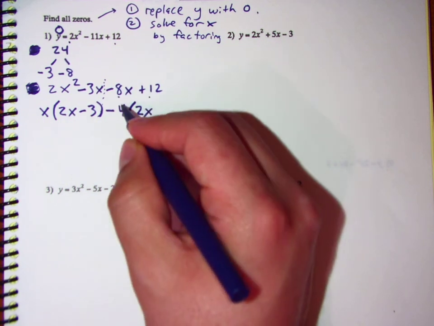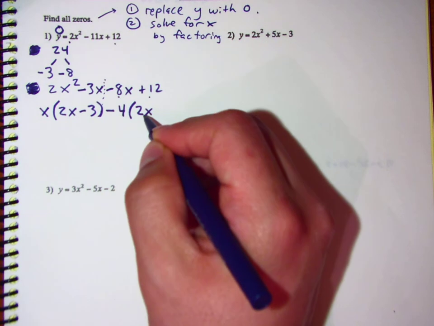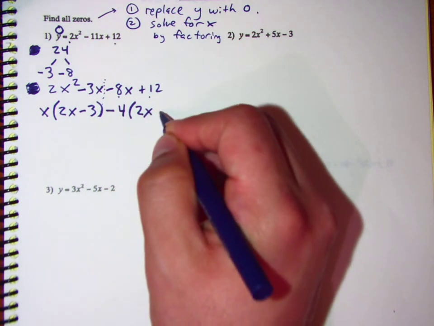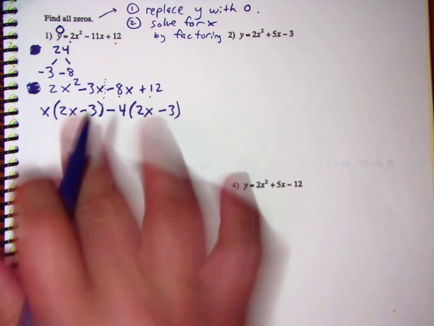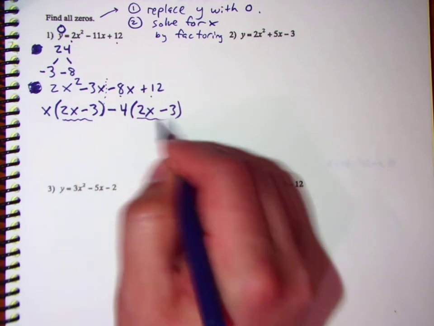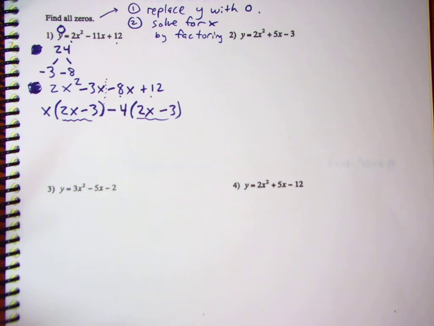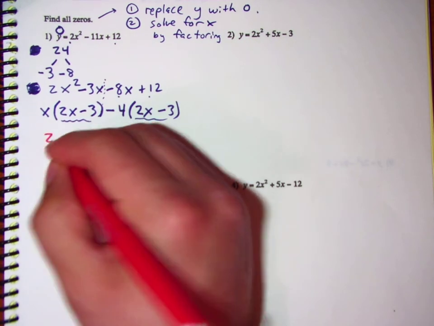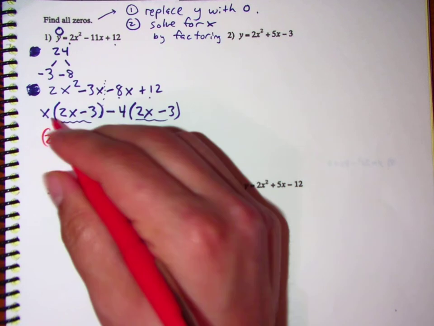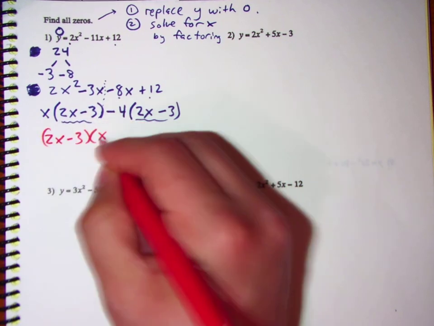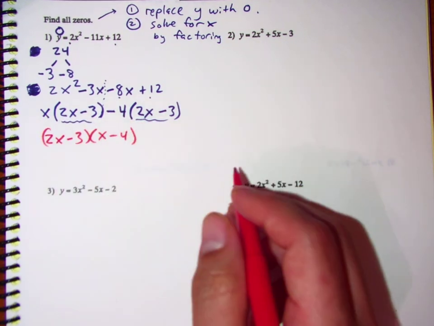Oops, sorry, you divide by negative 4, you get positive 2x, and then you get minus 3. And that's a good thing because remember that this second factor needs to match. That goes as the next GCF, and then the x and the minus 4 are what remains.